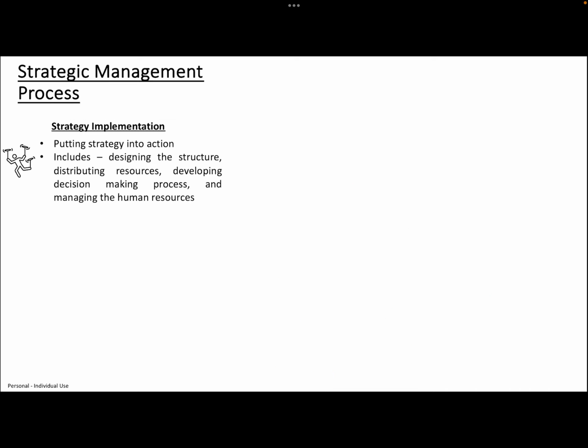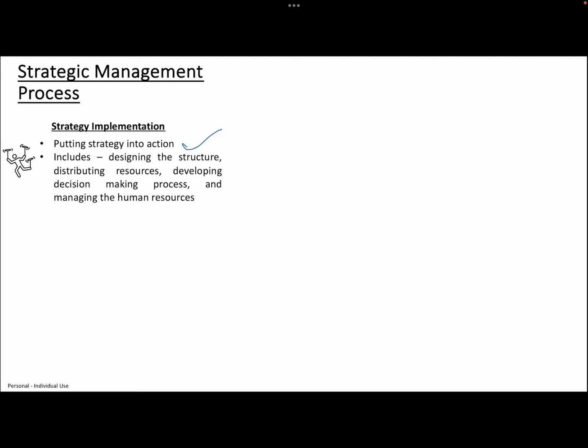The next step is strategy implementation. Once all the strategic decisions of a company are documented, it is important to put them into action. So strategy implementation is nothing but putting strategy into action.